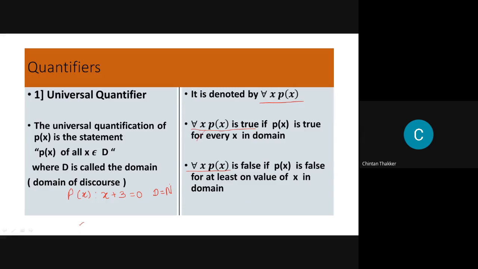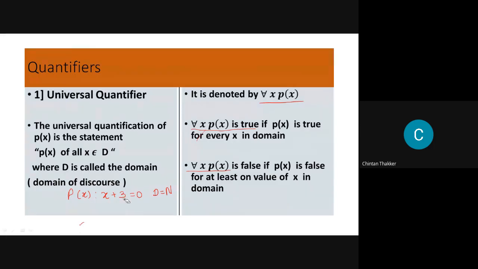If x belongs to capital N, that is, x is a natural number, then x starts from 1 to infinity. So for x equal to 1, the statement is false.